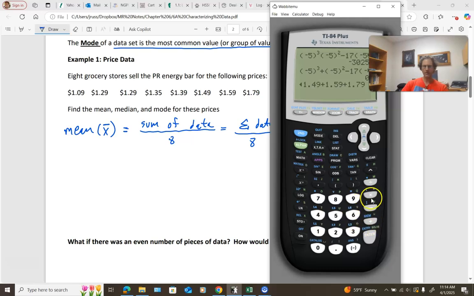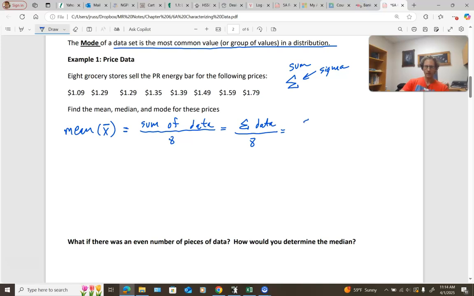I think I've got 8 data values in there. I'm going to hit enter. And so that's the sum of the data, $11.28. Okay.